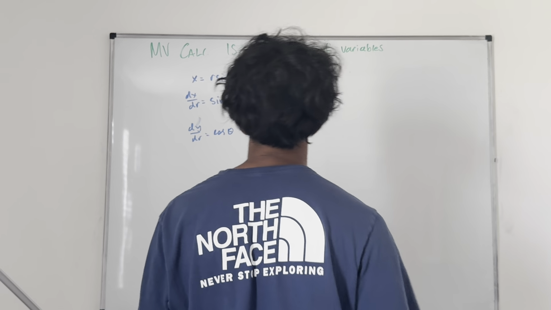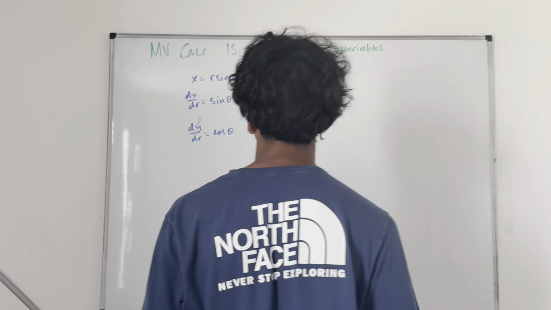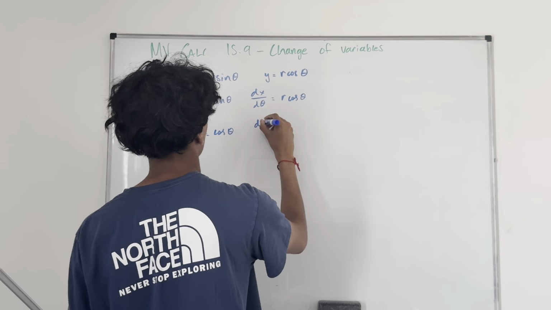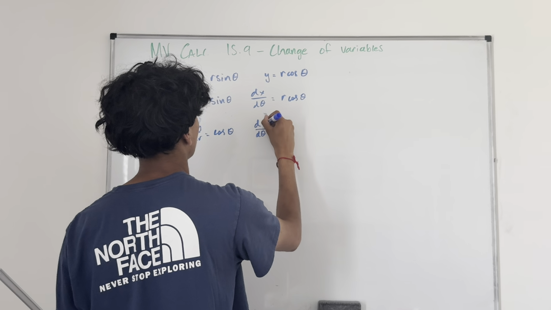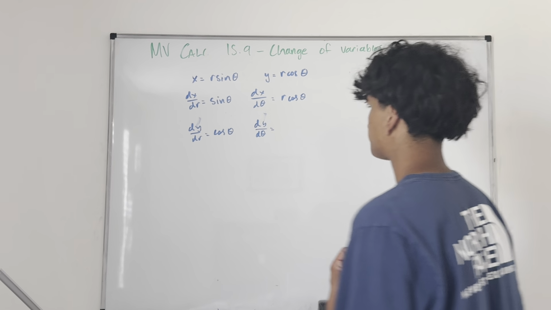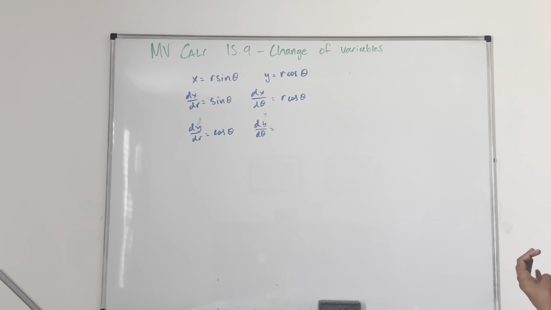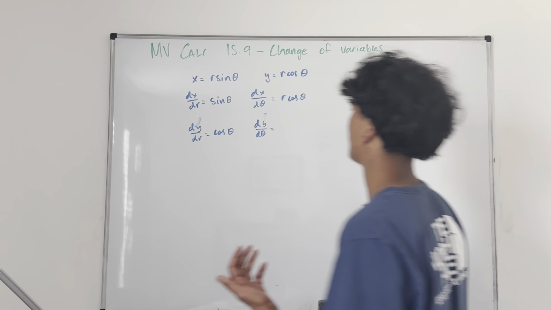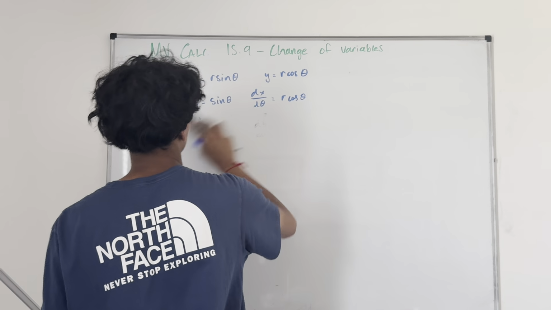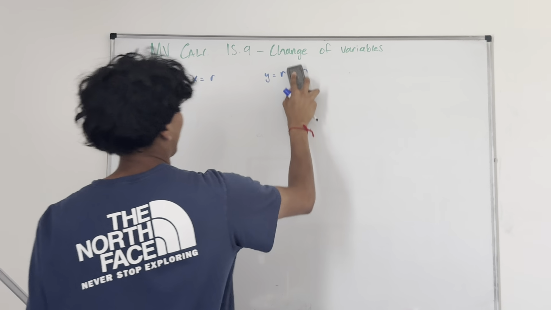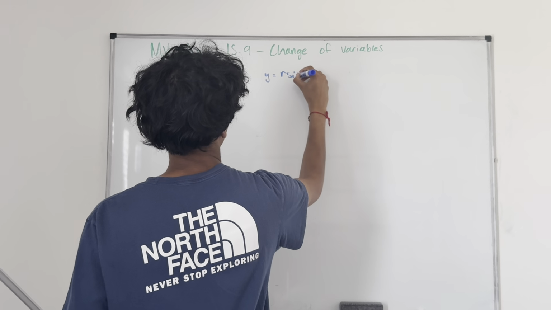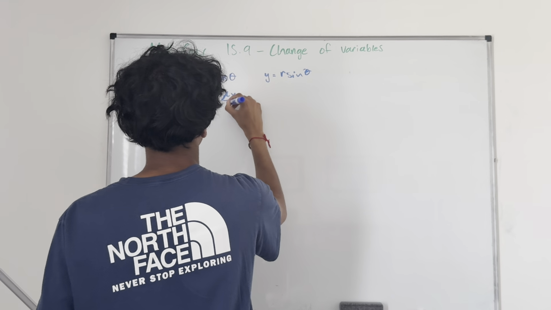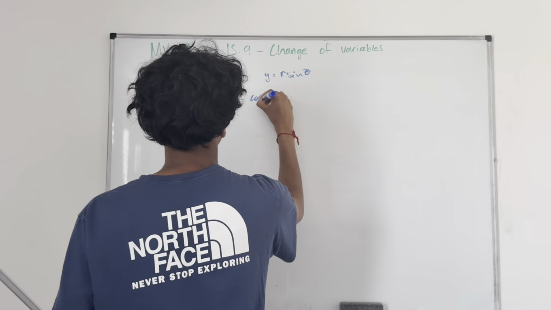Did I get this backwards? I still got this backwards, didn't I? Oh my gosh. Let's just do this again, but with the actual proper thing. Okay, so dx dr is equal to cosine theta.